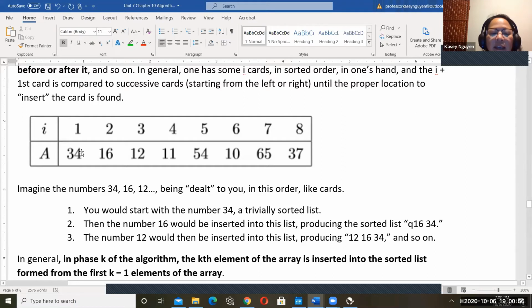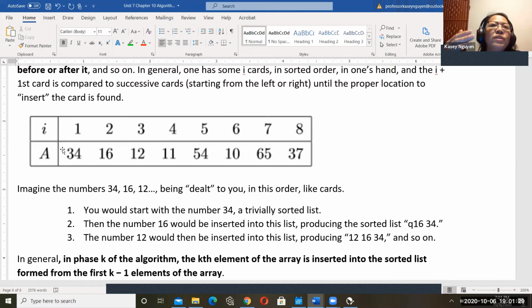Then when you get 16, you say 16 is lower than 34, so we take it and insert it in front of 34. Now physically this is easily done: we just take the card and move it to the front. But when you think about programming, values don't just get put into nothing.